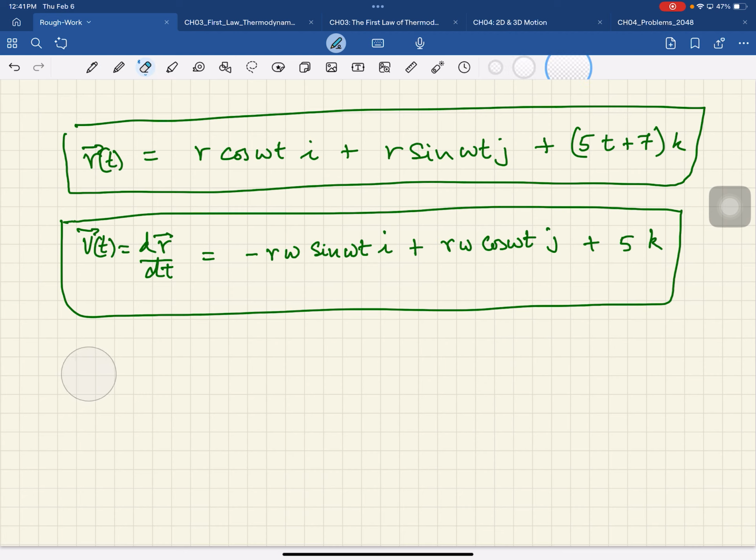Okay, so let's do the derivative of that. Can anybody help me out with the derivative of that? Very good. Negative. So derivative of this is cosine omega t, and then this is just omega t, so when you take the derivative of that, you get an omega. So it'll be r omega squared.